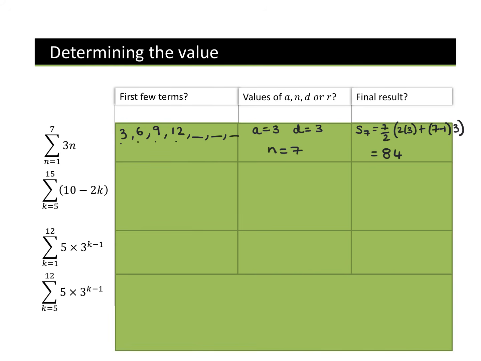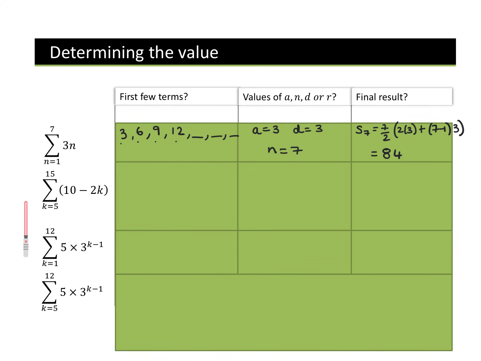Okay, so we're going to do the same again. We start when k equals 5, that is going to be our first term, and then we go up to 15. Now, do you remember in stats, some of us had trouble counting?